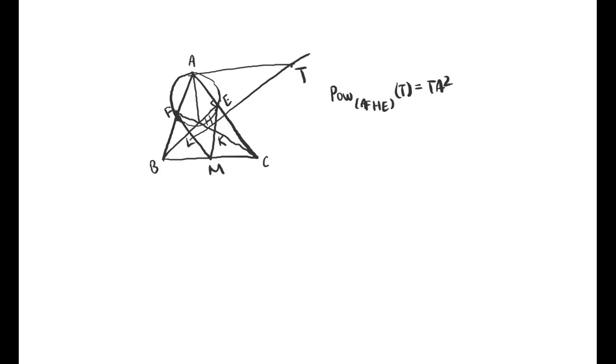So yeah, if you let the midpoint of AH be O, you can see that OF and OE are equal since they're both radii.